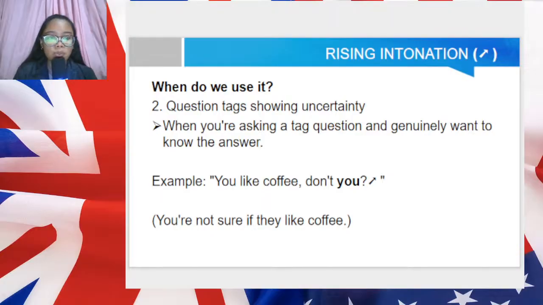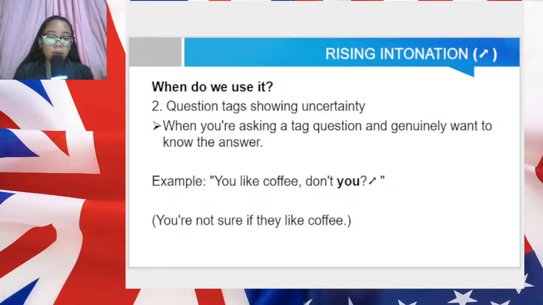So, this particular use of intonation comes into play when a speaker is asking a tag question and genuinely wants to know the answer. Now, let's delve into what genuinely wants to know the answer implies. It means that there is a true lack of information on the part of the speaker. The speaker does not possess the specific knowledge they are asking about, and their utterance is a sincere attempt to obtain that information from the listener.